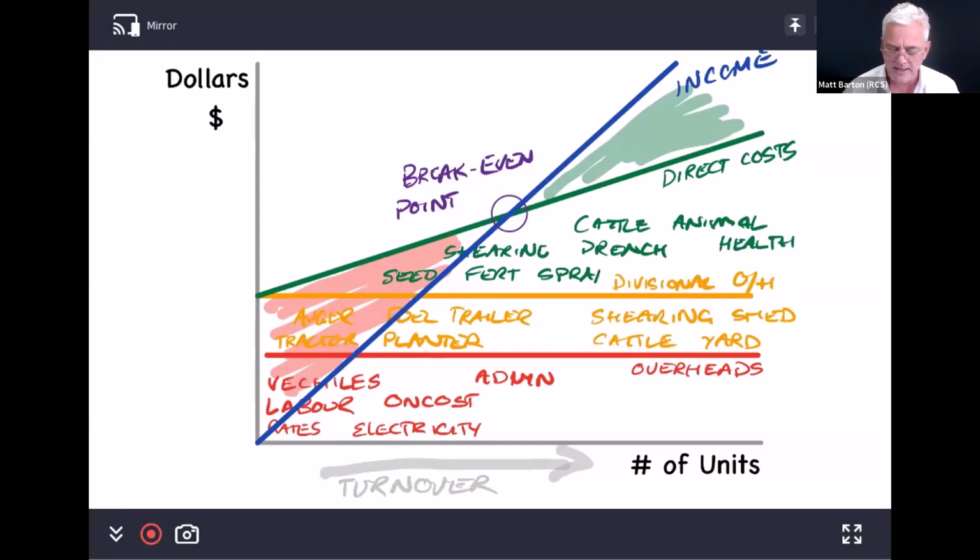The next one we can look at is the overheads. So what overheads are we carrying? And we need to be able to control those overheads so the cost of running our business isn't too high. So we have our overhead.